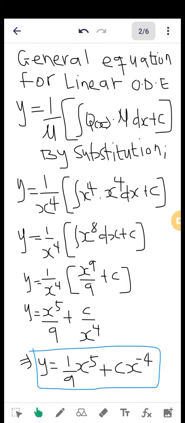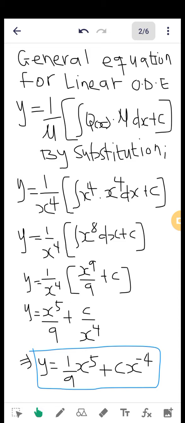Then my integrating factor, the mu, we had x exponent 4 times dx plus c. So further on, my y is equal to 1 over x exponent 4 multiplying the integral of, so this x exponent 4 is multiplying x exponent 4, so we take 1, it's the same base, you add their exponents, so I'm going to get x exponent 8 dx plus c.